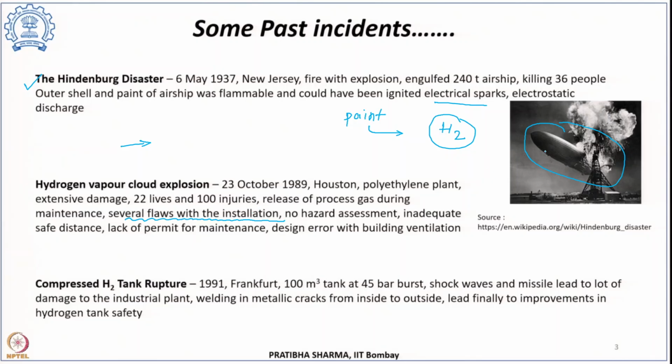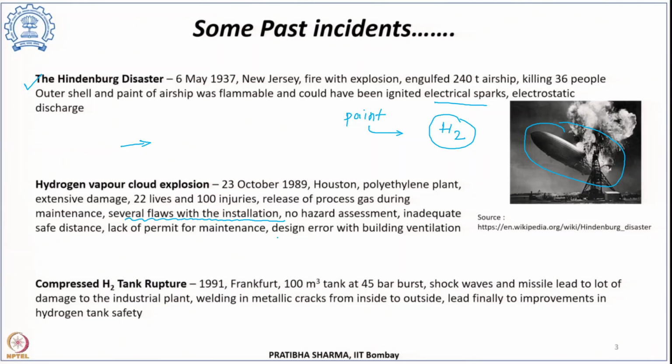But when such things occur due to the paint, due to unavoidable circumstances, it is very difficult to avoid them. Human error can be avoided by taking a lot of care. So there was a lack of maintenance permit, and a design error with building ventilation.